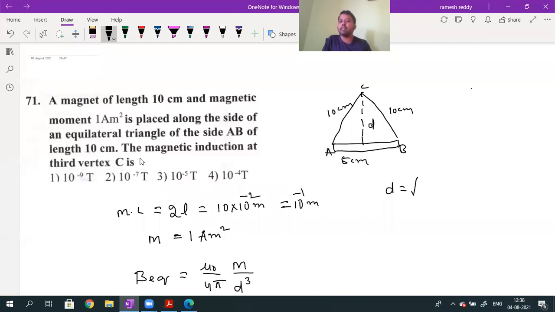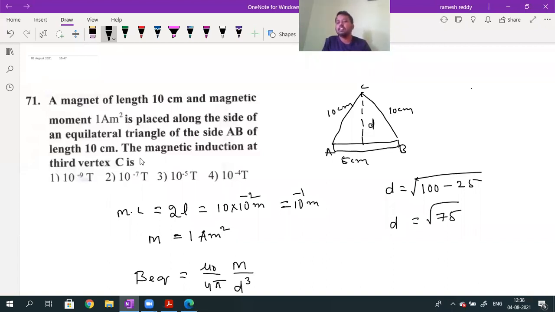So D value will be given by root over 100 minus 25. So what is the value of D? D value will be equal to root over 75. This is the D value.